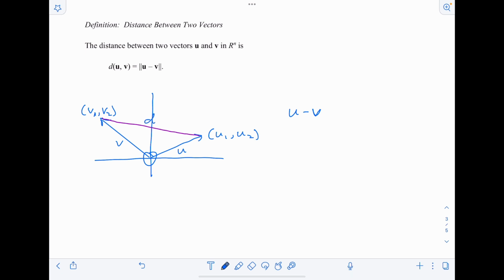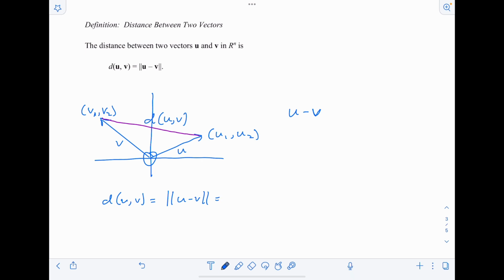So I'm going to call this d, the distance from u to v. And that distance from u to v is really then the magnitude of u minus v. Just the difference of those vectors, we're going to find the magnitude, which is the length or the distance between them.